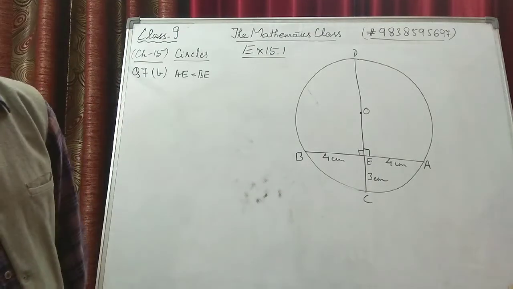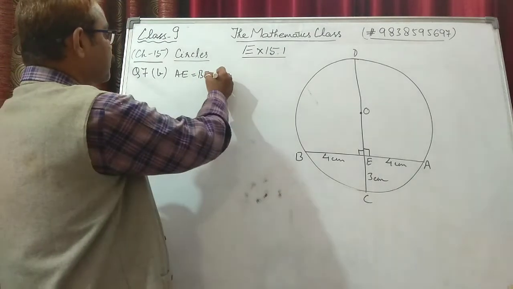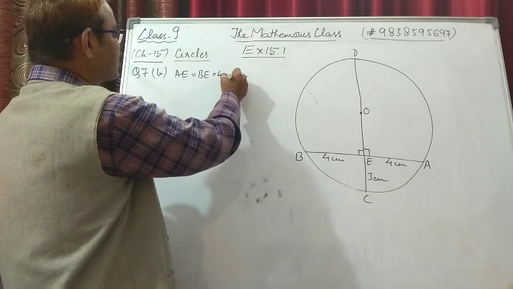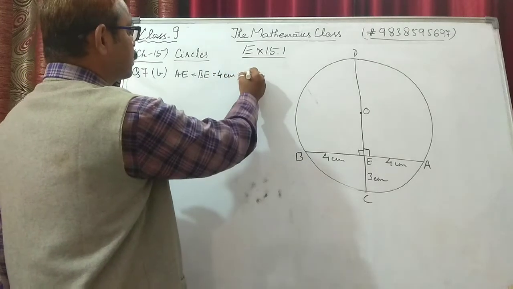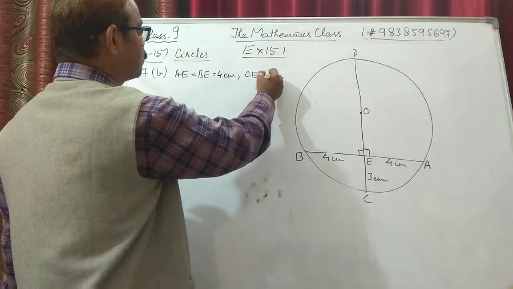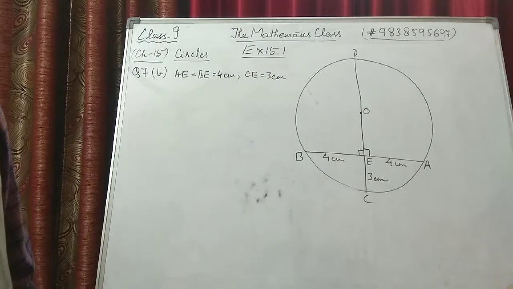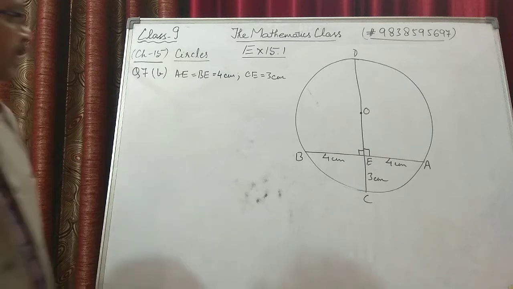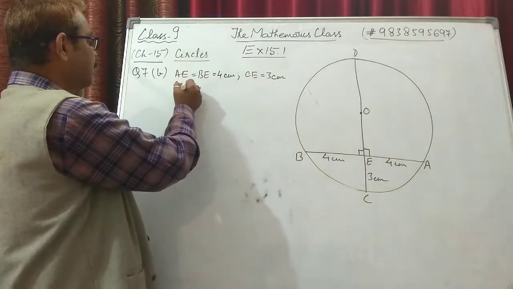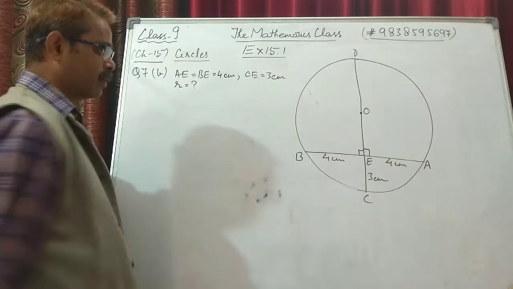Also AE is equal to 4 centimeters, and it is given that CE is equal to 3 centimeters. Then they say find the radius of the circle. We have to find the radius of the circle.